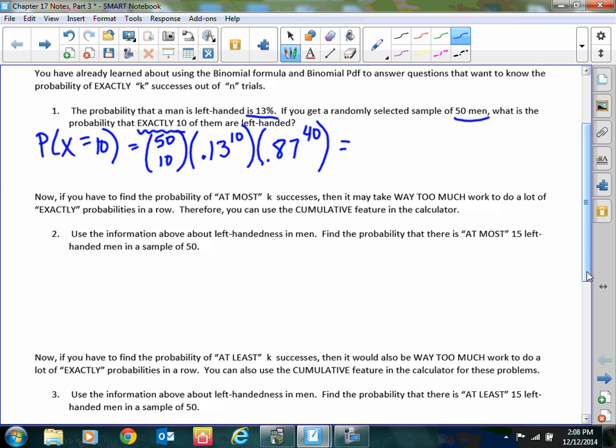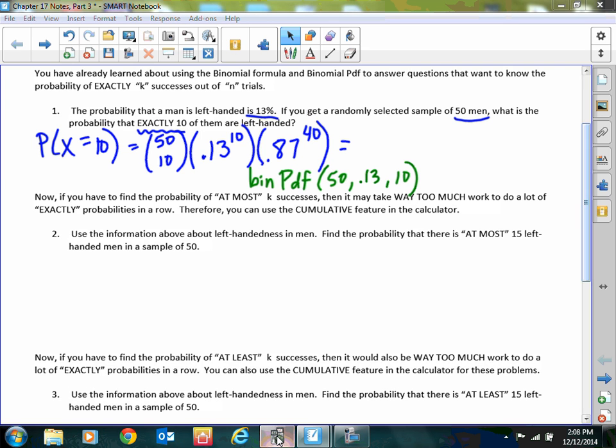All right. Now I'm going to go ahead and write down the calculator speak, just so you can see what I type into my calculator. I'm going to be typing in binomial PDF, because I just want, in particular, exactly 10 of them to be sprinkled throughout. 50 with a rate of 0.13, 10 of them. Okay, so we'll go do that real quickly.